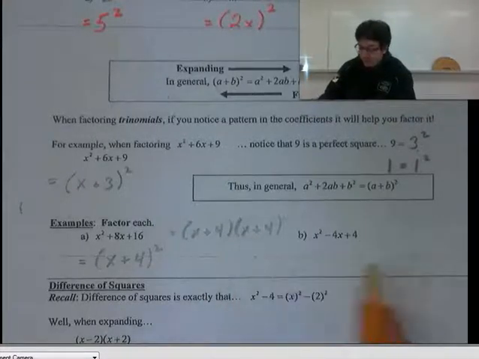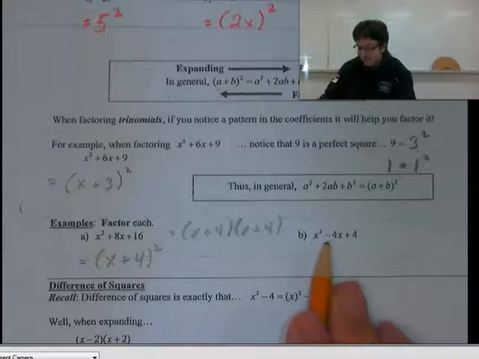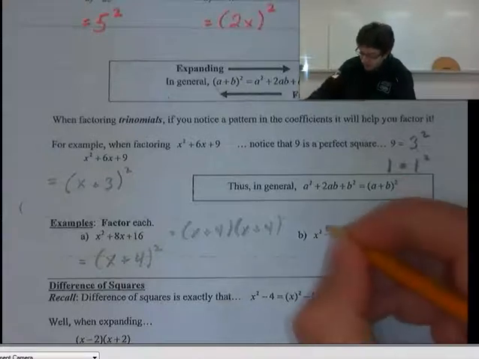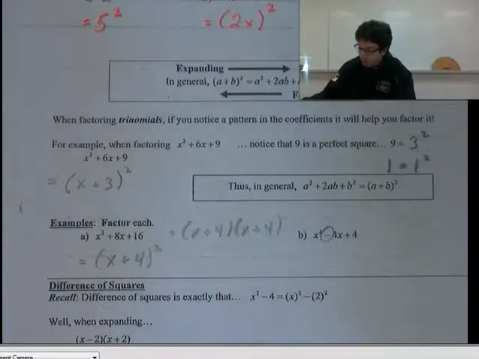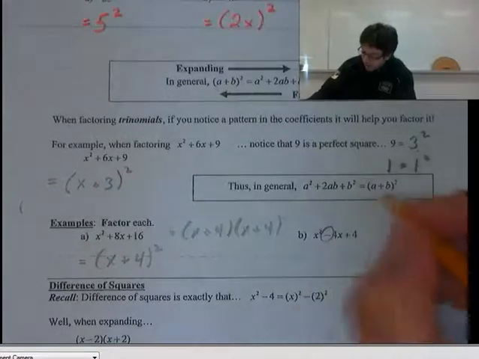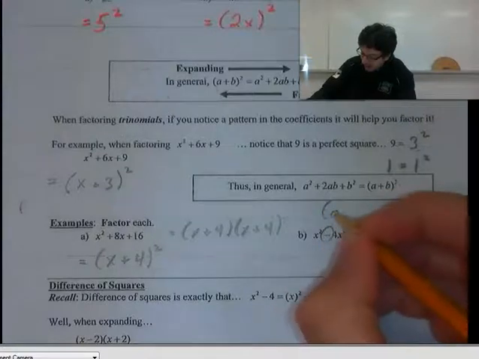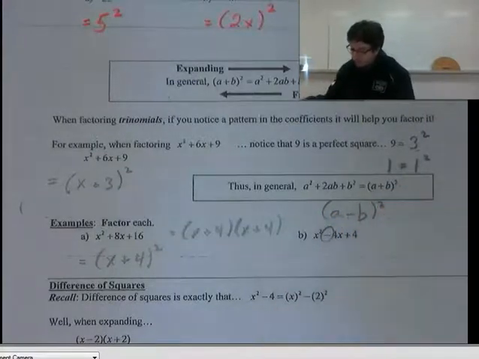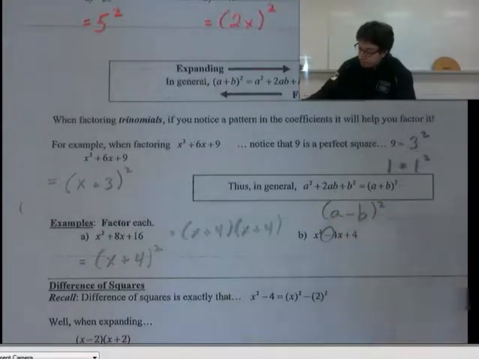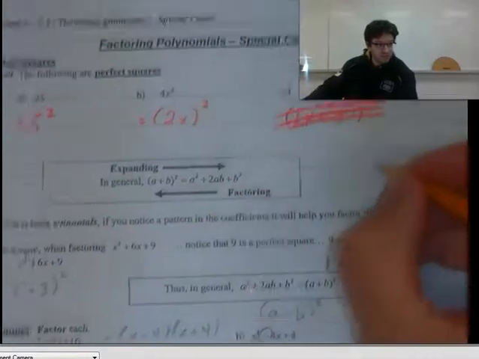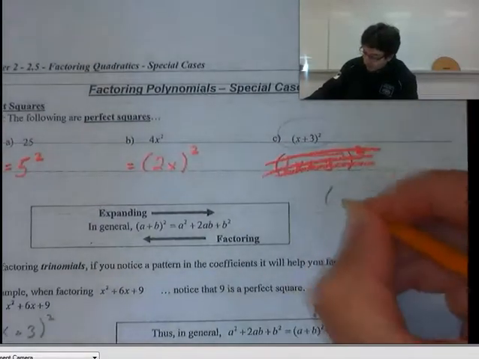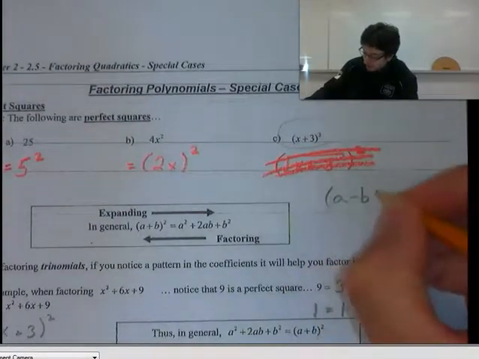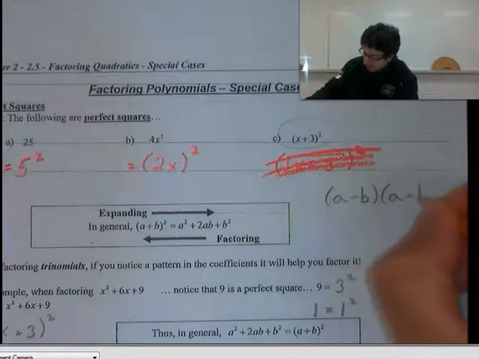Now this example is a little different. There's a negative here. We can look at this case. This is a plus b squared, but what if we had a minus b squared? How would that look? Well, let me just go up here and do it. We can expand that and write it as a minus b multiplied by itself.